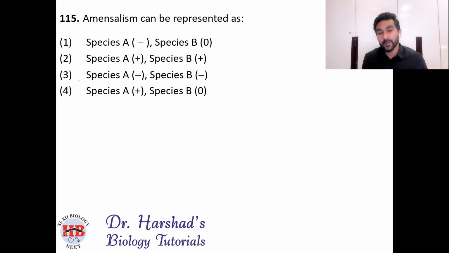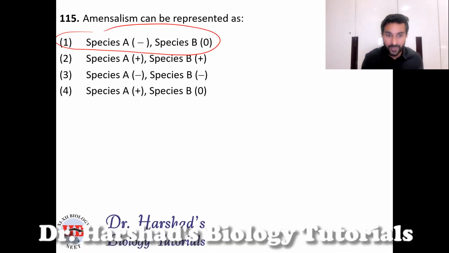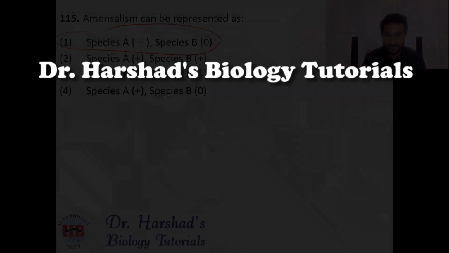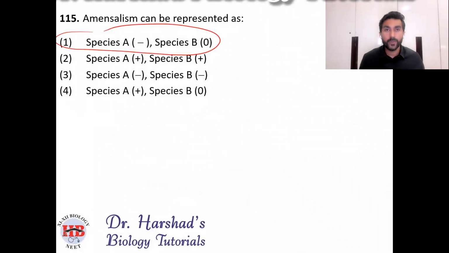Amensalism. If you remember about amensalism, it is a type of interaction in which one organism gets harmed but the other one is not benefited. So that is your answer. One organism being harmed, the other one not being benefited is amensalism. We go to the next question now.